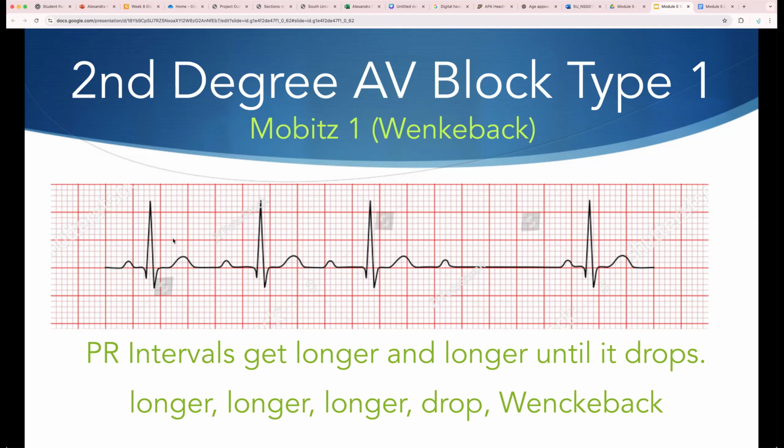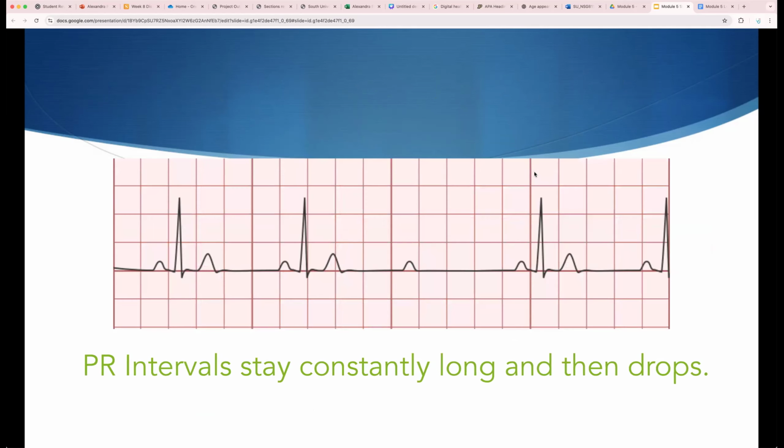So it went 4, 6.5, 7.5, and then finally this one dropped. So longer, longer, longer, drop. That is second degree AV block type 1. Okay. And then what about this one? In this one, the PR intervals are consistently long. They're the same, it's just they're too long and then it drops.